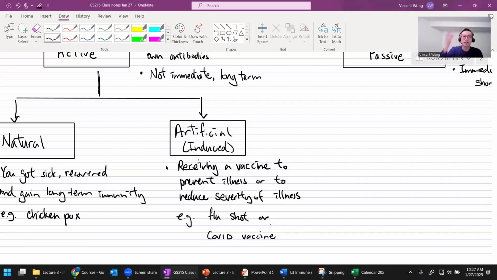So every year there are three dominating strains of flu viruses, and the people who make the vaccine try to predict which ones will be dominating in this upcoming season, and then they make the vaccines based off of the prediction. And sometimes the prediction is a little bit off, and that year the flu shots would not be as effective.